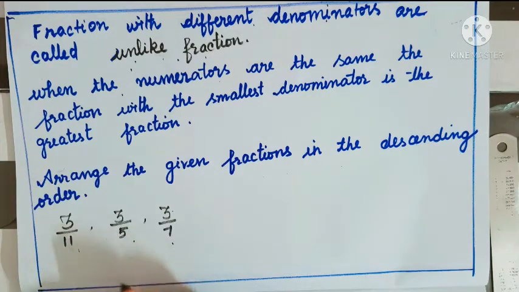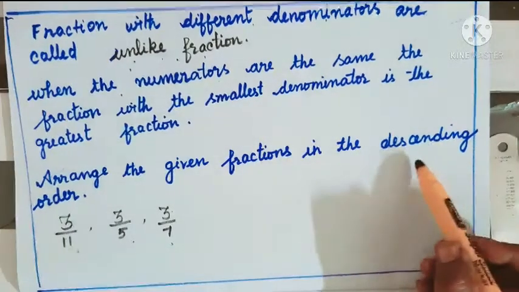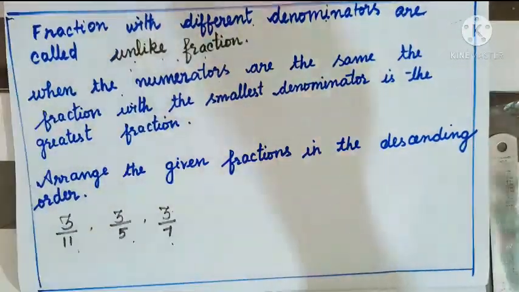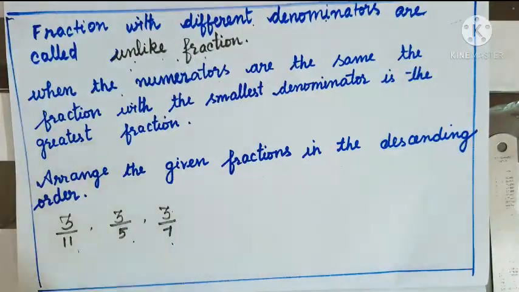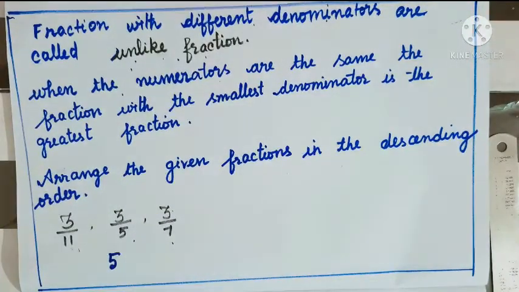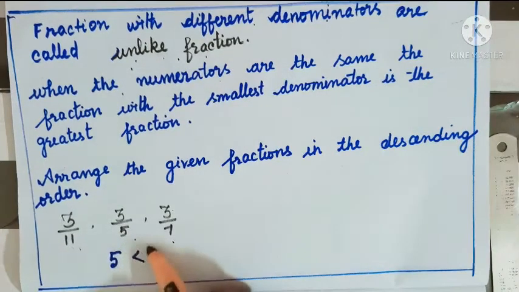You are going to arrange it in the descending order. Okay, descending means what? Big to small. So, big will be what? Opposite of what we saw before. The smallest number will be the biggest number. Understand? Opposite of the previous sum. What is there? 5. 5 will be the biggest one. Next, what is there? 7.